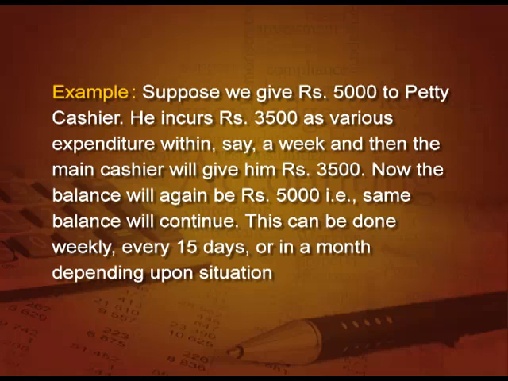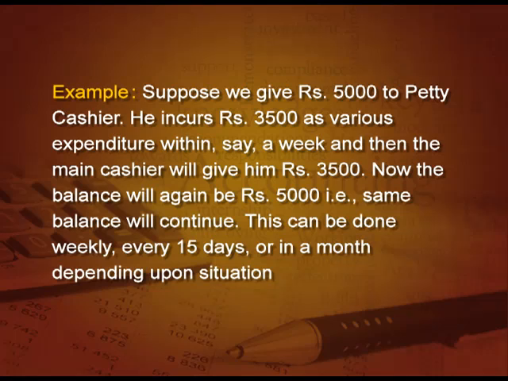He incurs 3,500 rupees as various expenses within, say, a week, and then the main cashier will give him back 3,500, the amount he has incurred. So, it will make the balance again 5,000, that is, the same balance will continue after a particular time period.